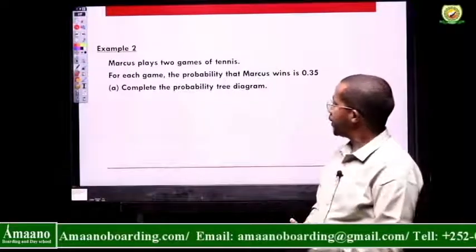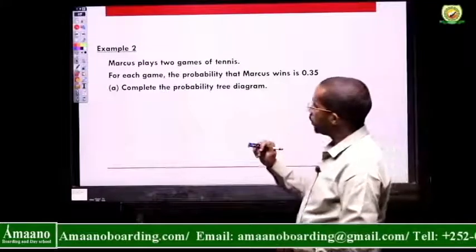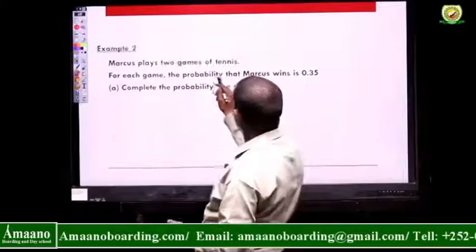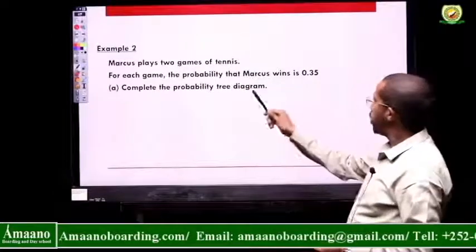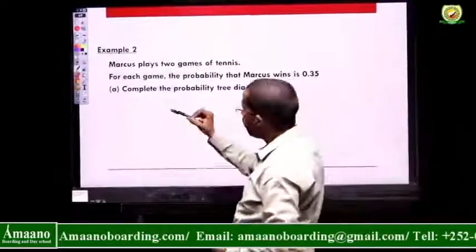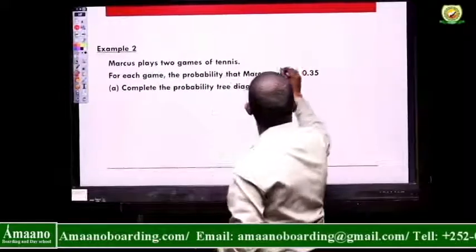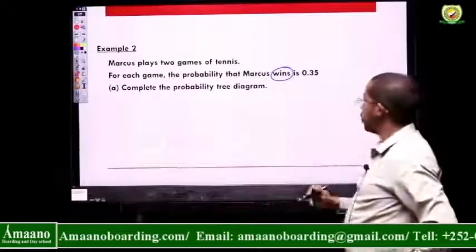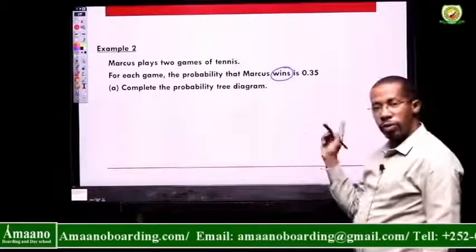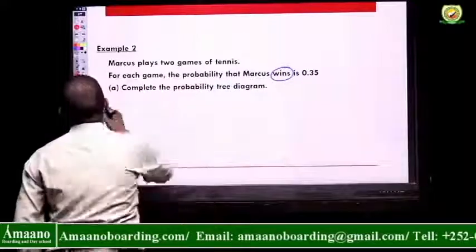Alright, now we have another example, and in this example we are told Marcus plays 2 games of tennis. For each game, the probability of a win is 0.35. And we need to complete a probability tree diagram. We have the probability of a win.